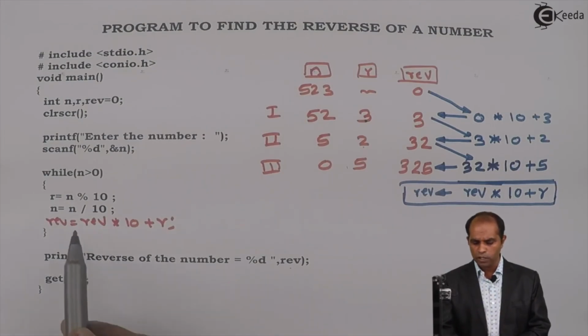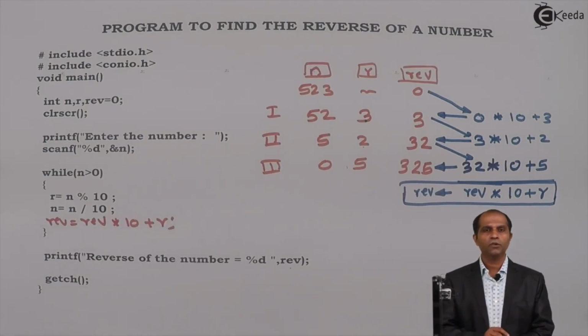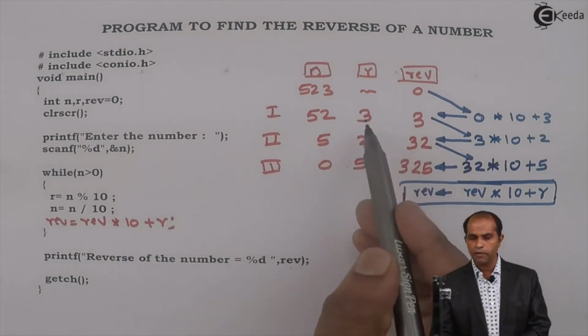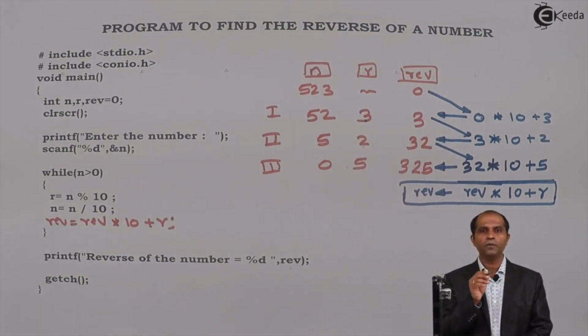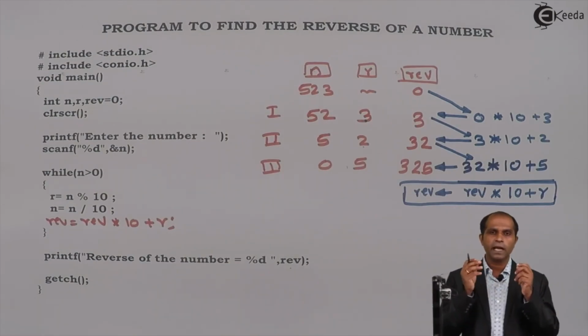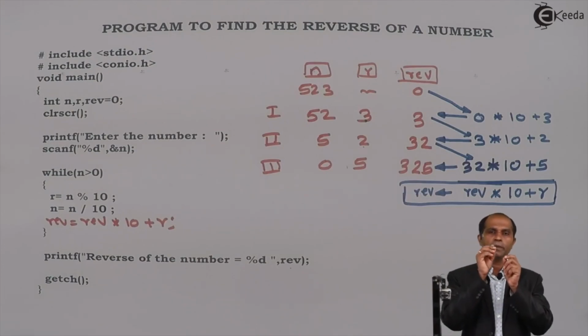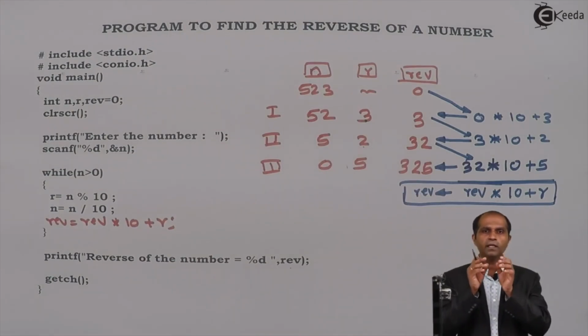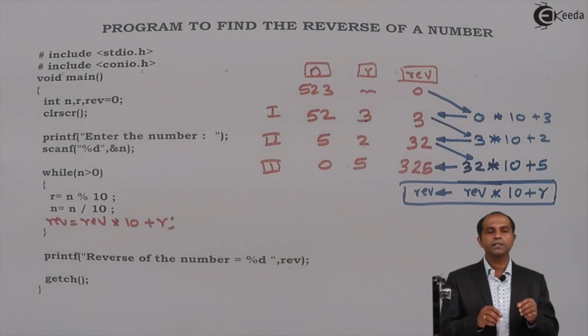There is one more logic. You can just print the value of r over here. If you print the value of r, the first time it prints 3, next it will print 2, next it will print 5. But when I say 3, 2, 5, the numbers on the screen might give you an illusion that it is the reverse. But it is not actually the reverse. Three numbers have been printed one after another so compactly that when I look at them, I get an illusion that it is the reverse of the number.